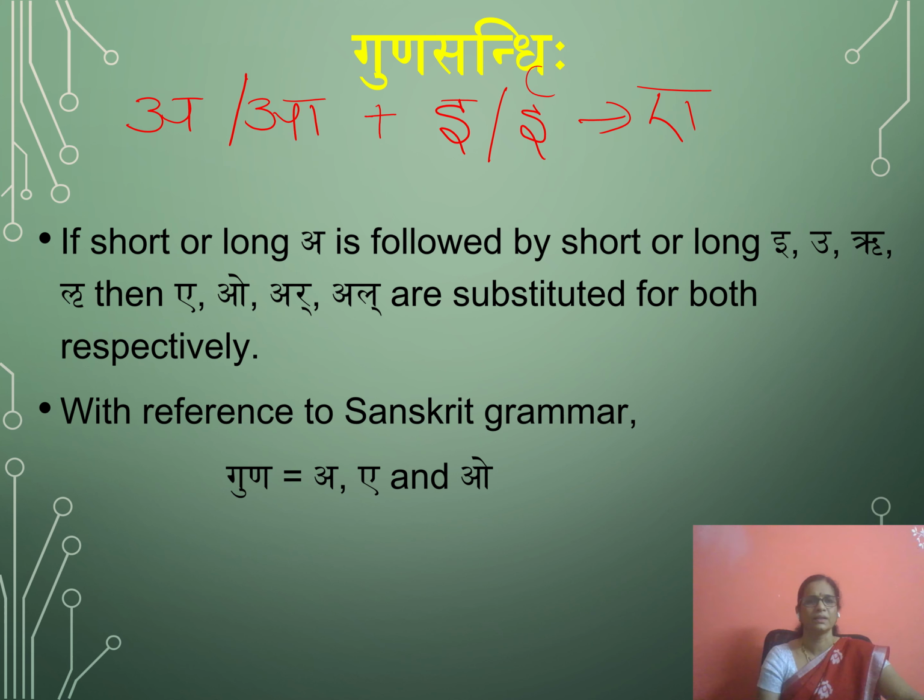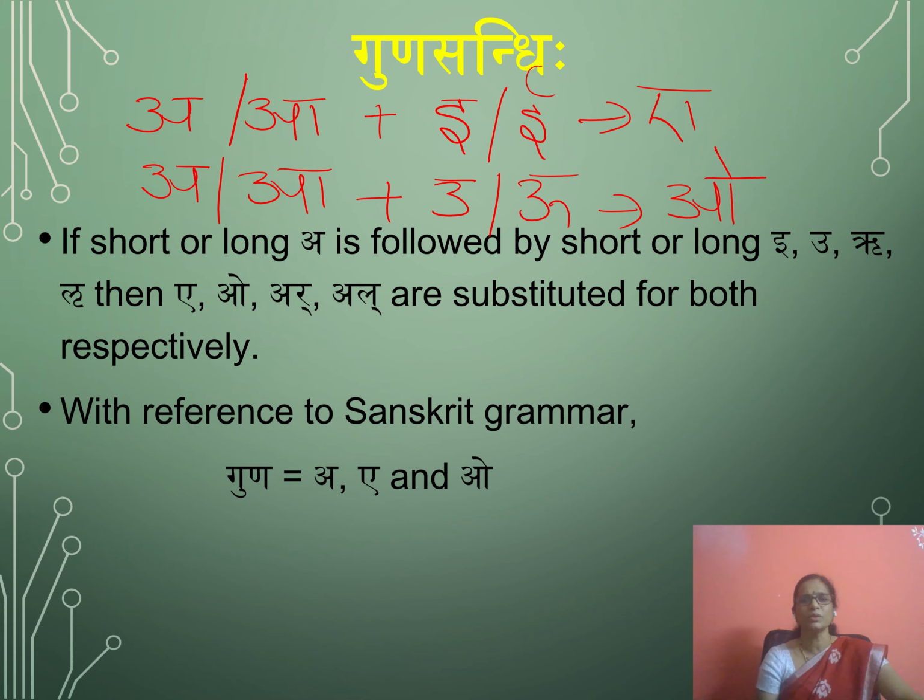And if the first word ends with a or long a, and the second word starts with u or long u, then in the place of both the letters we will get o.